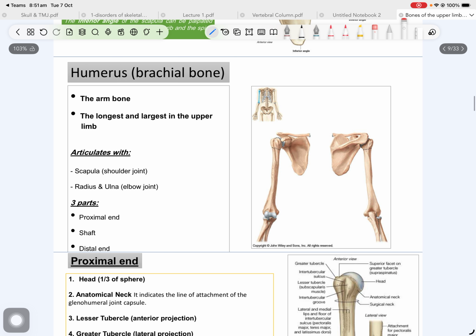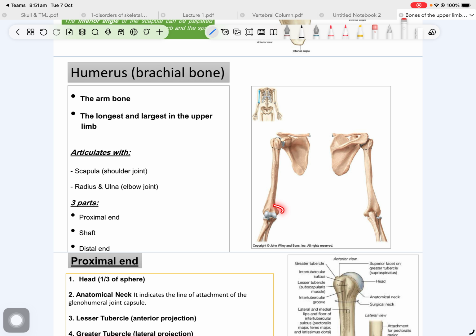Next, we move to the humerus, which is the bone of the arm. So, in the arm area, we have only a single bone. We call it the humerus. So, what type of bone is this? It is a long bone. Why? Because it has two ends and a shaft in between. I call this end the proximal end.